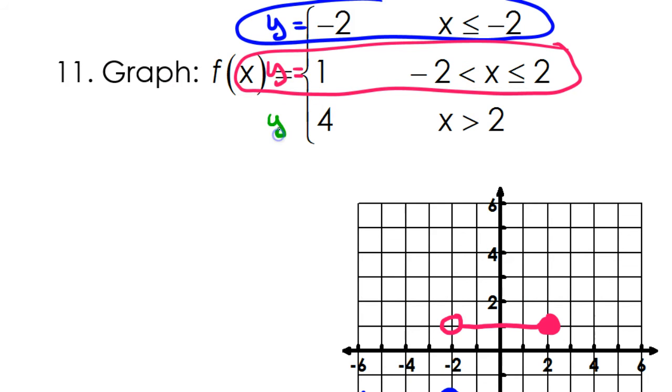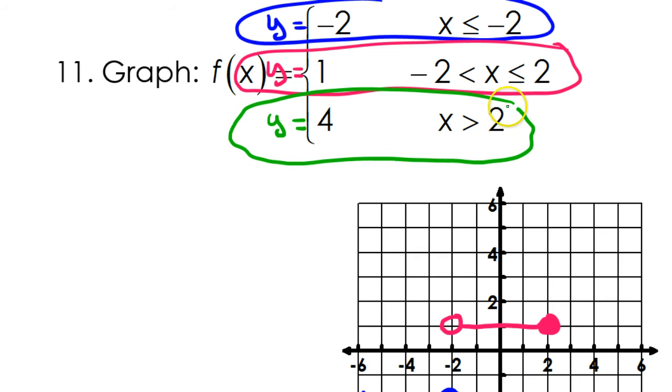And finally, think y equals 4 for the third part. Y equals 4 would be a horizontal line at 4 like this. But once again, we will not keep the entire line. We're only going to draw the part where the x values are greater than 2. So here's 2.